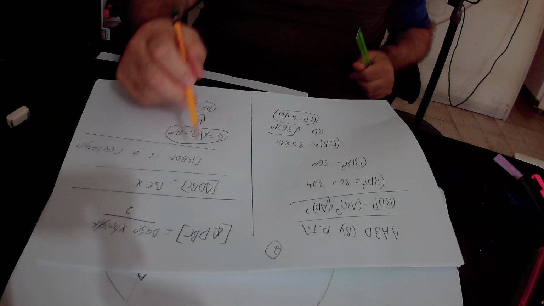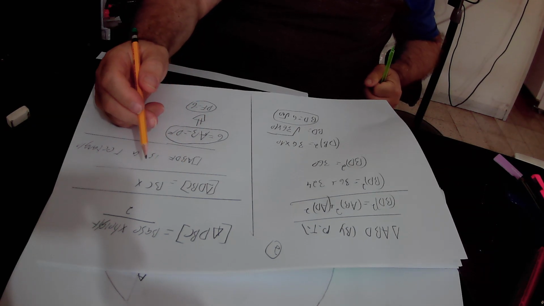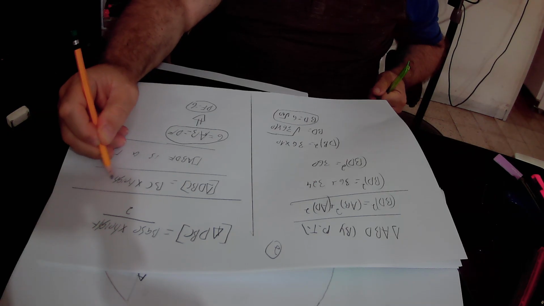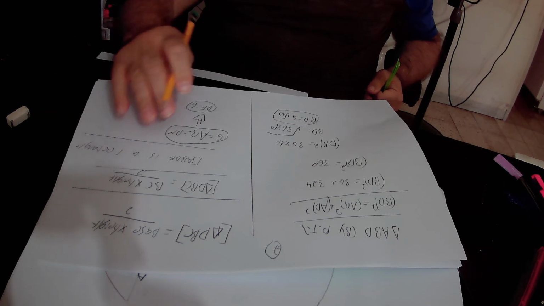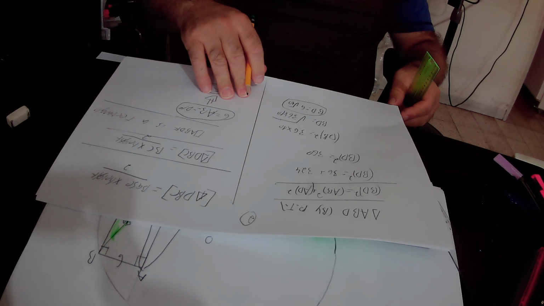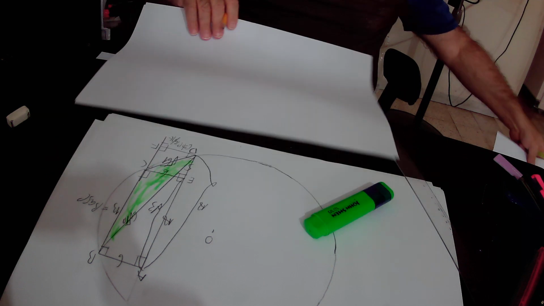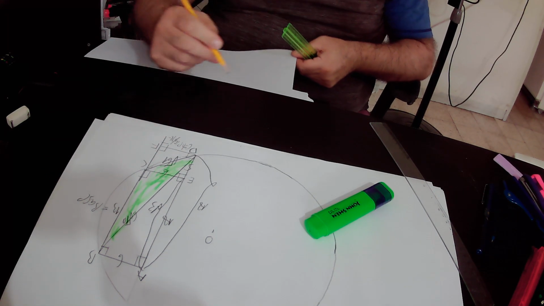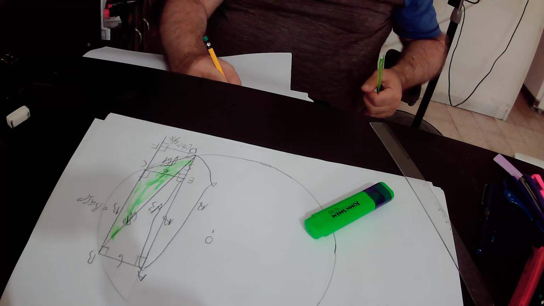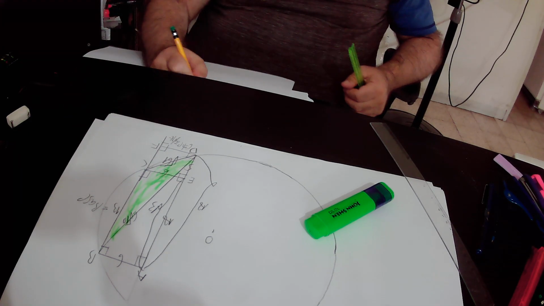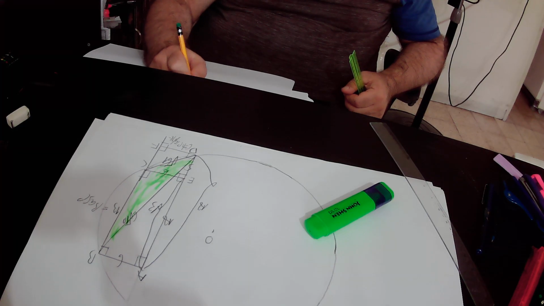So the area of triangle BDC equals BC times the height over 2. The area of triangle BDC, the green triangle, equals the base of the triangle BC, which is equal to 13 units, times the height to the base over 2.